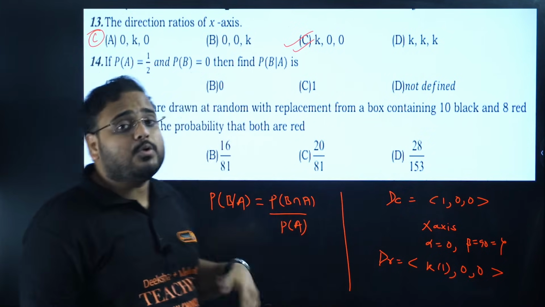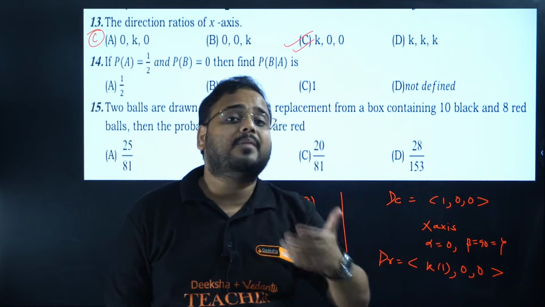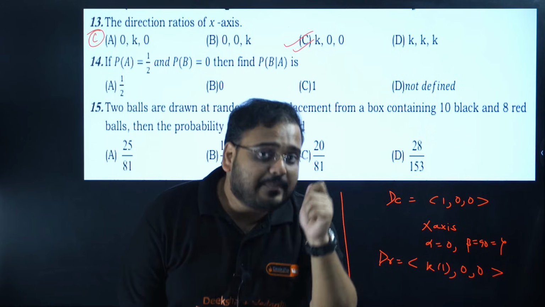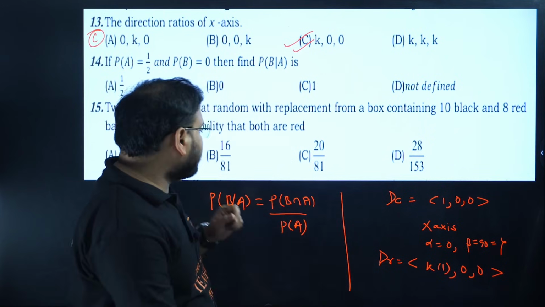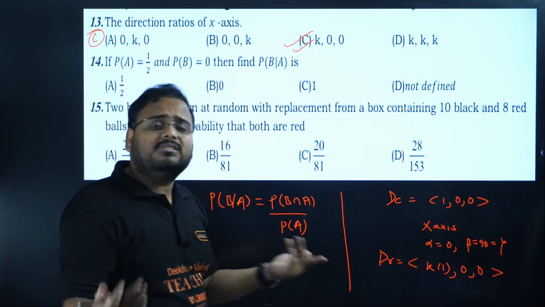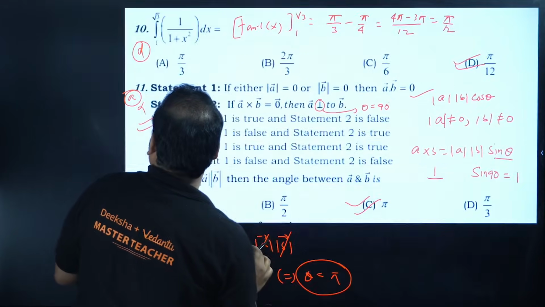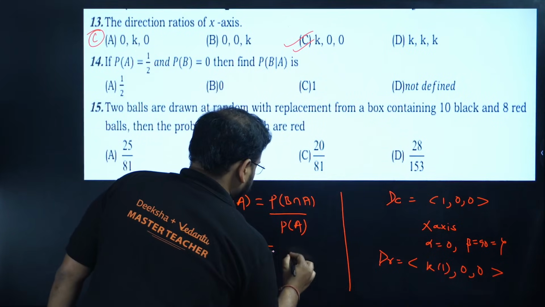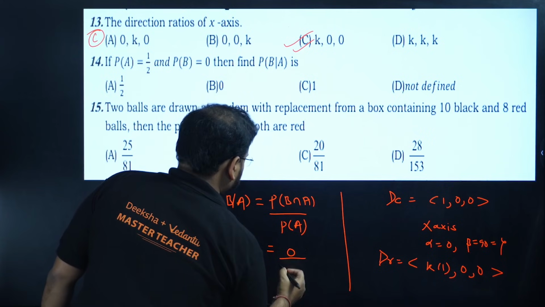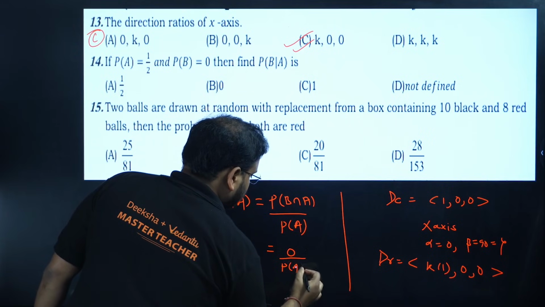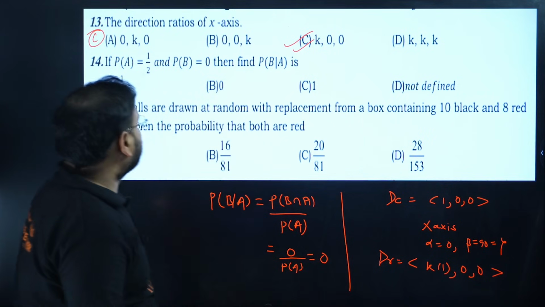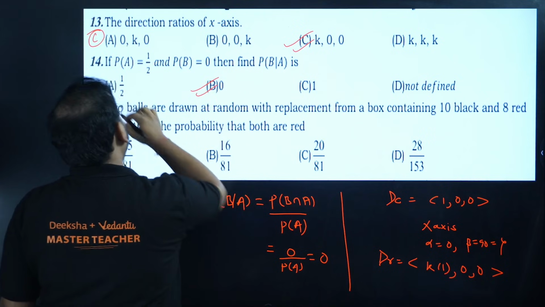The probability of event B to occur is 0, which means event B is an impossible event. So the intersection of event A with B will be 0 only, right? This will always be 0. Whatever you take for P of A, it doesn't matter. The answer is coming as 0. So option B is right in this case.